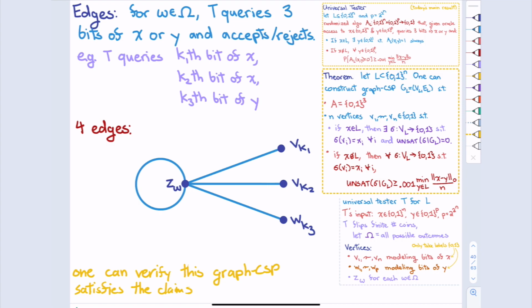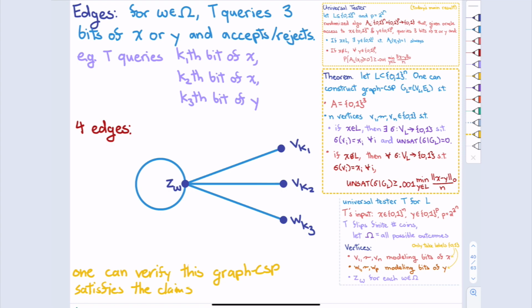So we're going to have 4 vertices involved. One is the vertex for that coin toss, and then 1 vertex for each of the bits that gets probed. V_k1 was the vertex corresponding to the k1 index of x, V_k2 was k2's vertex of x, and W_k3 was k3's vertex of y, or k3's bit of y.